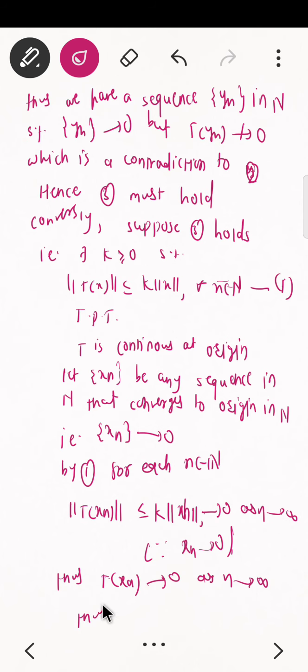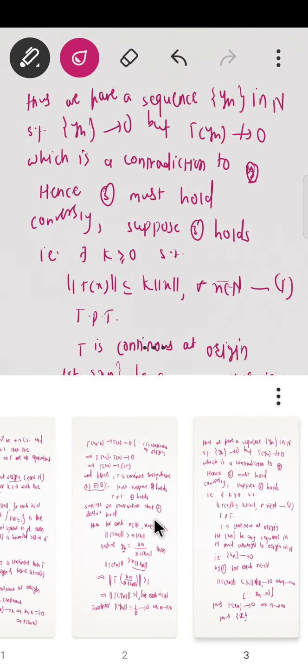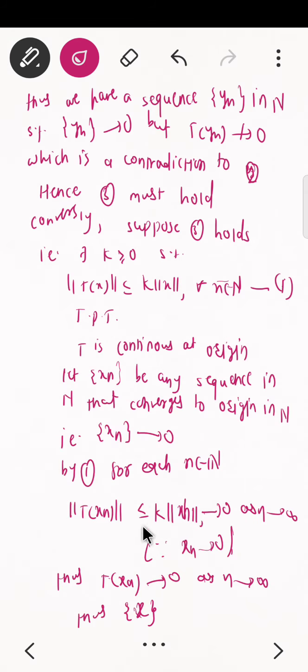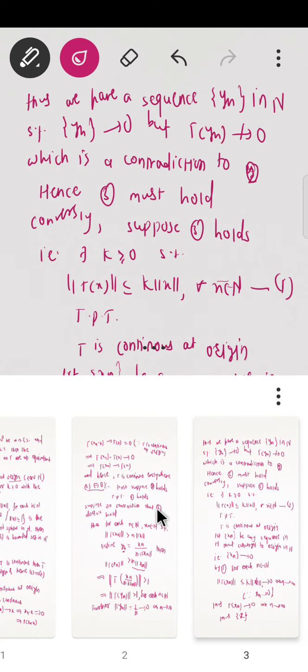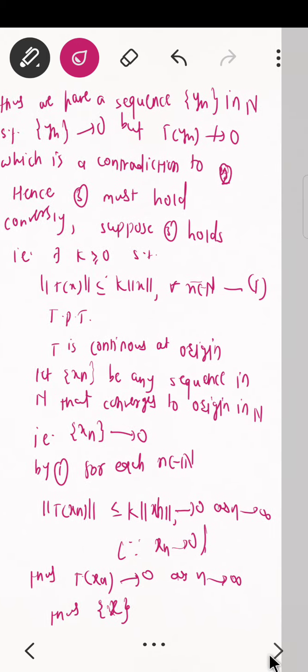So for this sequence x_n converging to 0, we have T of x_n converges to T of 0, which is equal to 0.